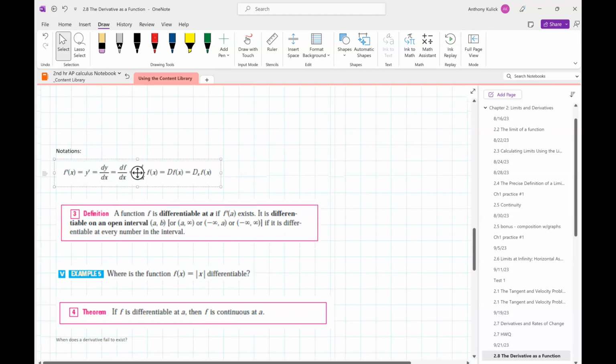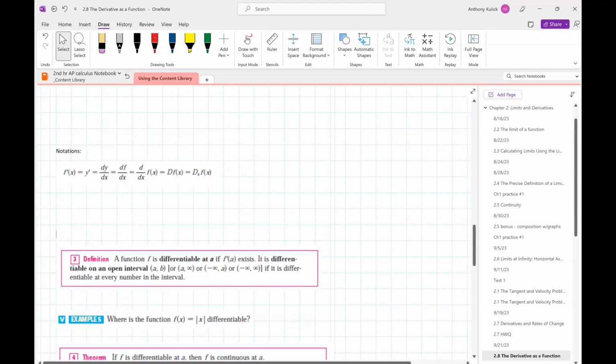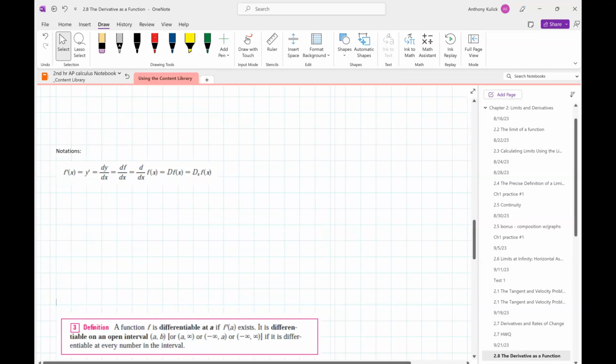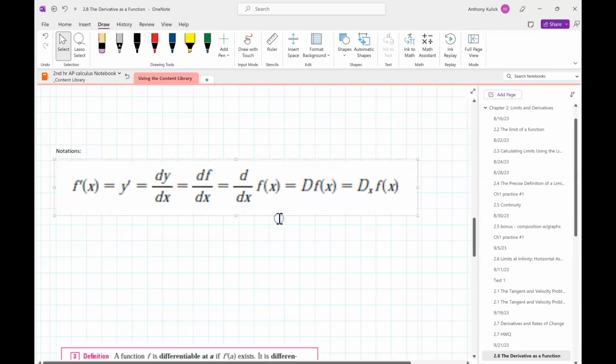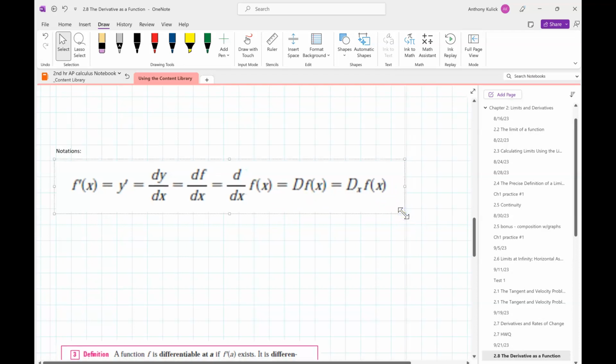Okay. So, notation. All of these different symbols are saying the same thing. These are all equivalent ways of asking you to take the derivative. So if you're given a function notation, typically we say f prime of x. Or if you're given y equals, we can write the derivative as y prime.